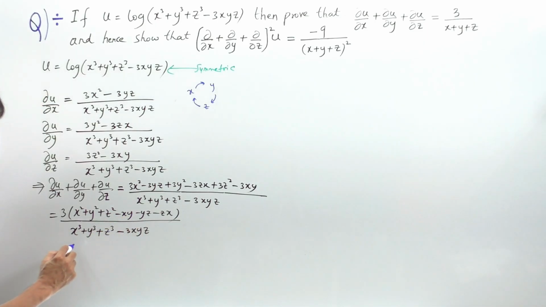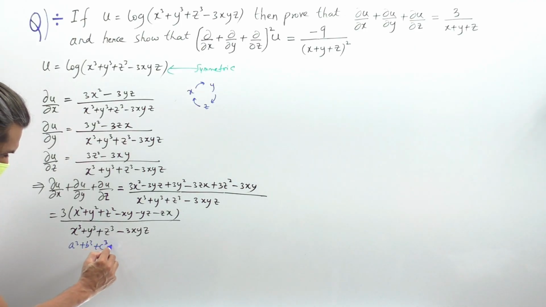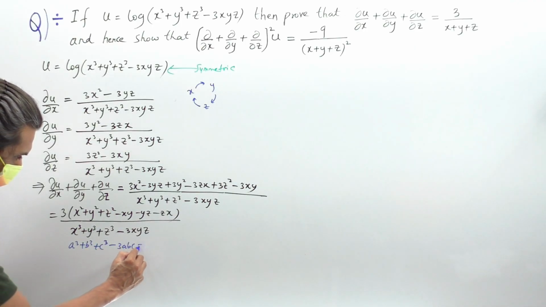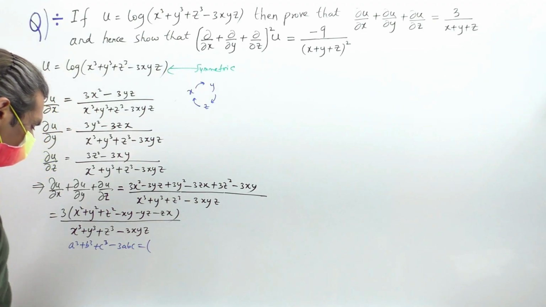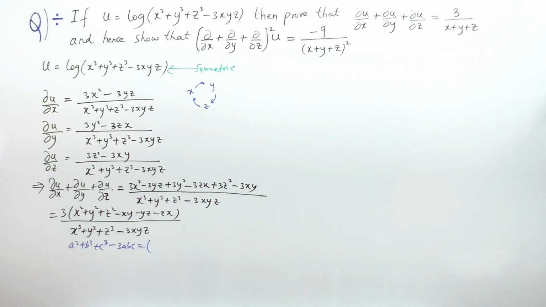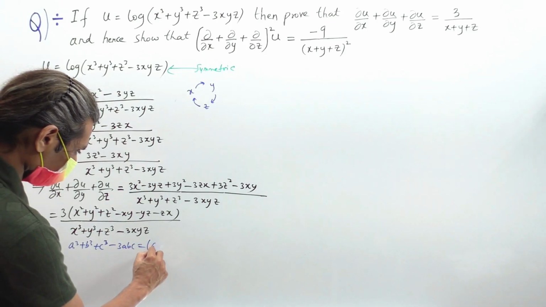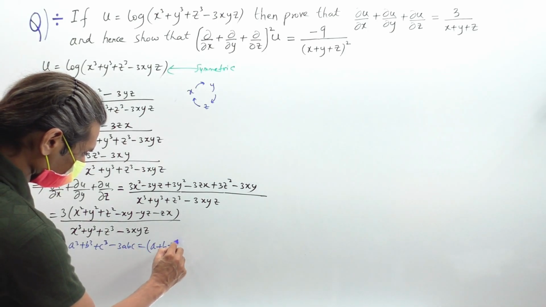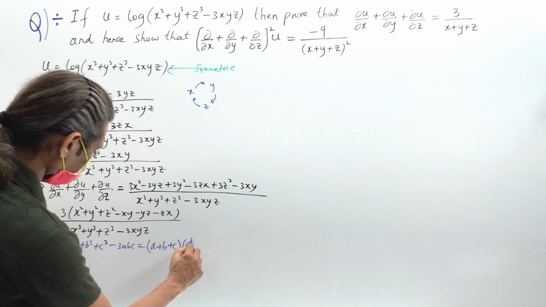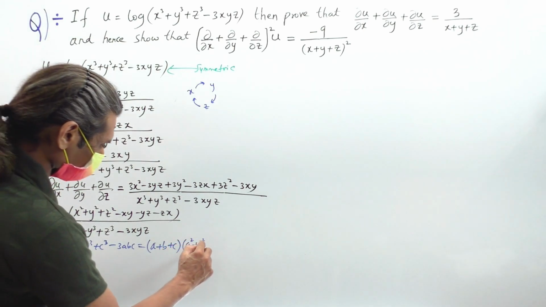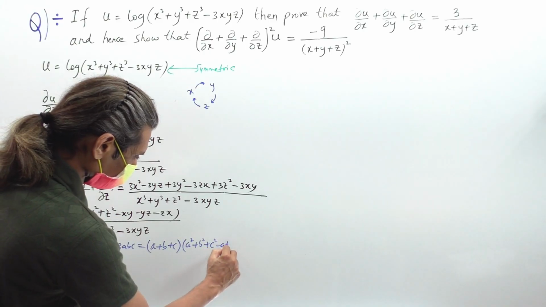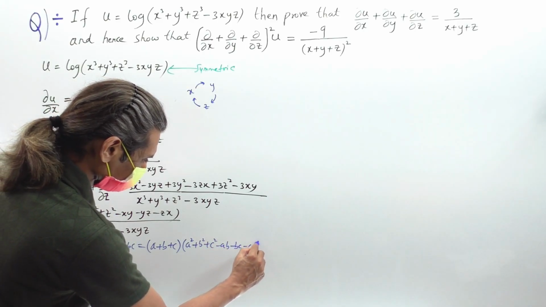We can write a cube plus b cube plus c cube minus 3abc is equal to a plus b plus c into a square plus b square plus c square minus ab minus bc minus ca.